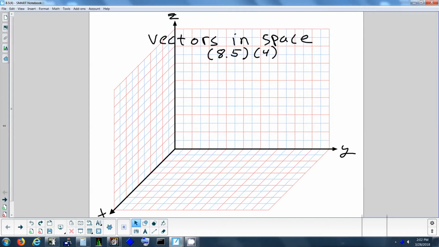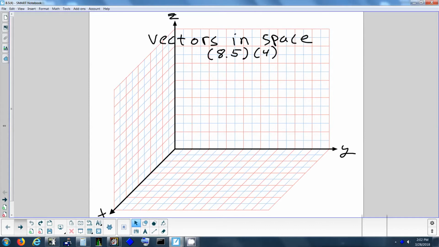It's right-handed because if you do that with your left hand, the z-axis points the opposite way. We use the right-handed system. That's just how this works. Any questions on the axes?